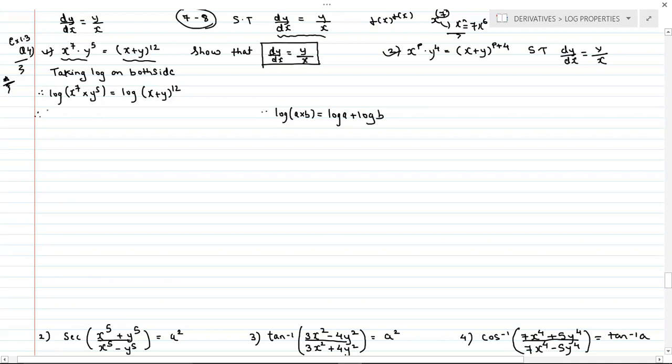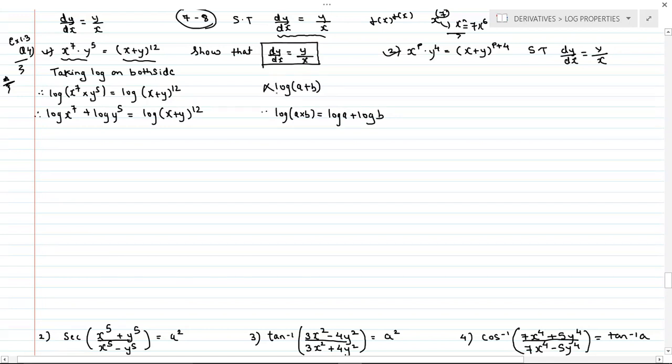So this we can write as log x raised to 7 plus log y raised to 5. We'll keep the right side as it is because we cannot apply any formula there, since we don't have any formula for log of a plus b. I explained this part in the last video lecture.